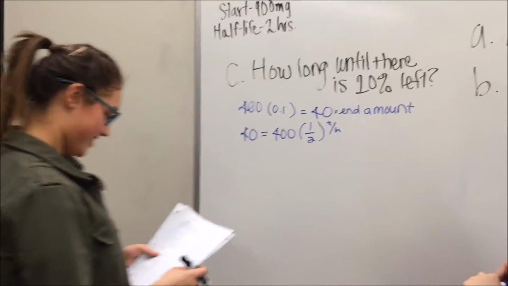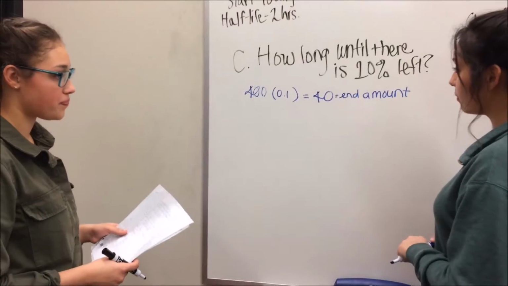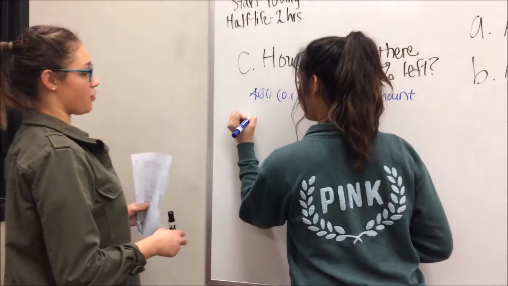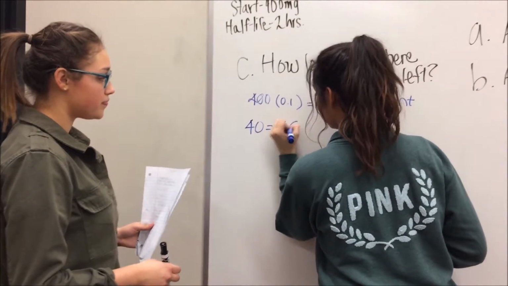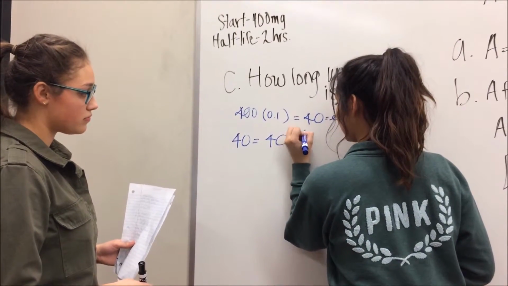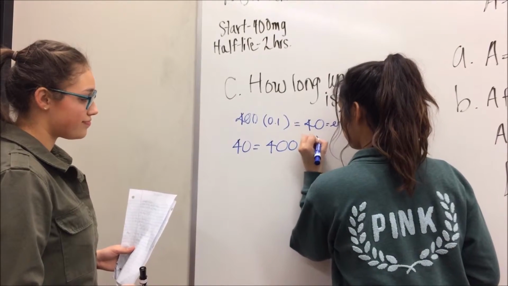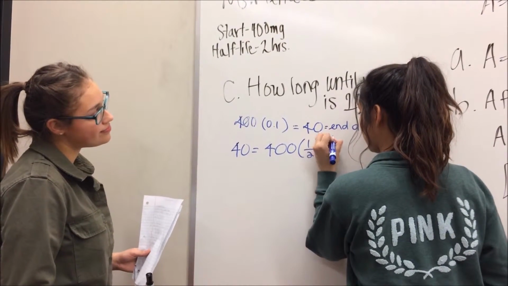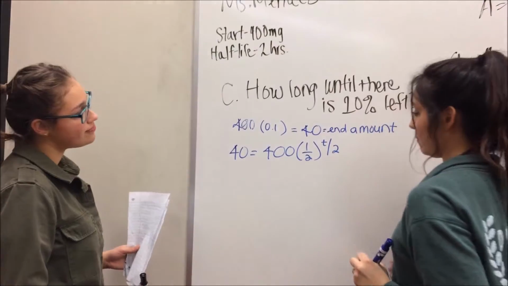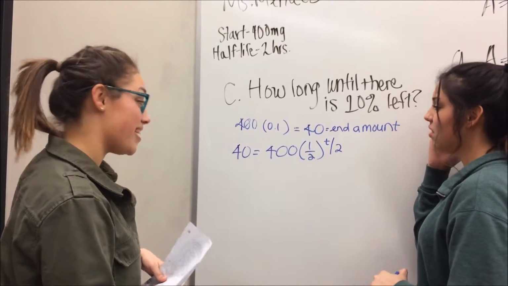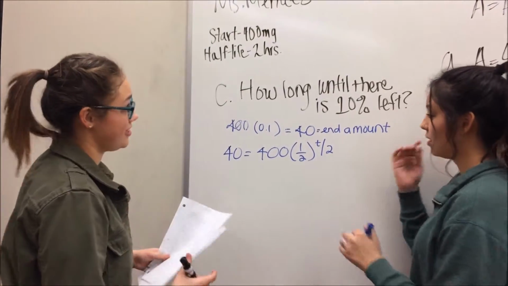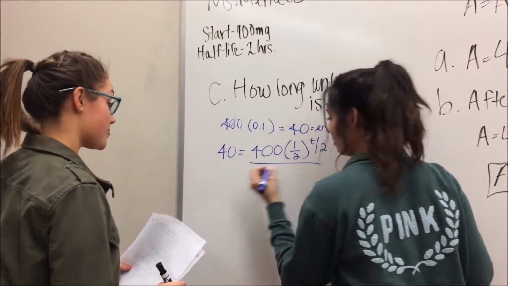So plug it all into the formula. What's next? Divide by your start amount. 400. Yep.